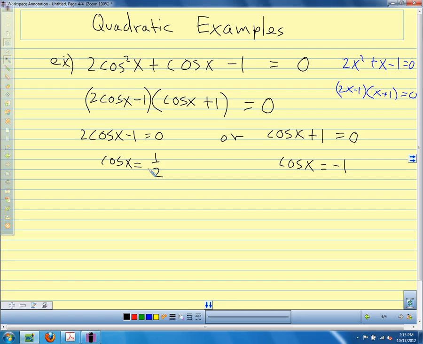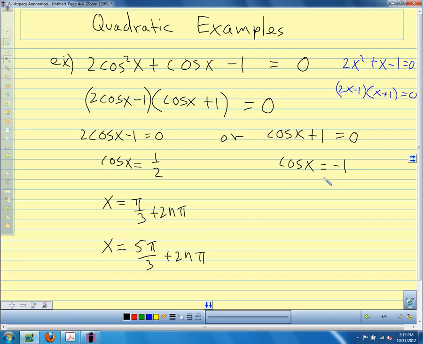I look on my unit circle for where cosine x equals 1/2, and I would see that x equals pi over 3 plus any multiple, or x equals 5 pi over 3. I'm just looking on my unit circle, finding where my x coordinate is 1/2, and adding multiples of 2 pi.